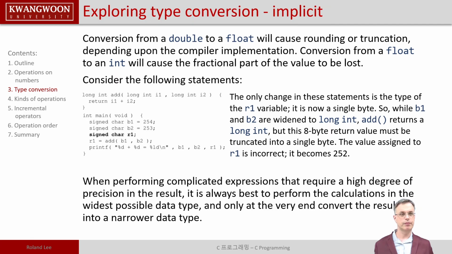So consider the following statement. The only change in this statement is the type of the R1 variable. You see that here as well. It is not a single byte. So while B1 and B2 are widened to long int and returns a long int, this 8-byte return value must be truncated into a single byte.